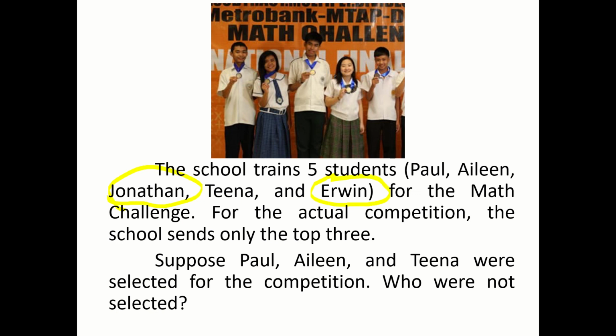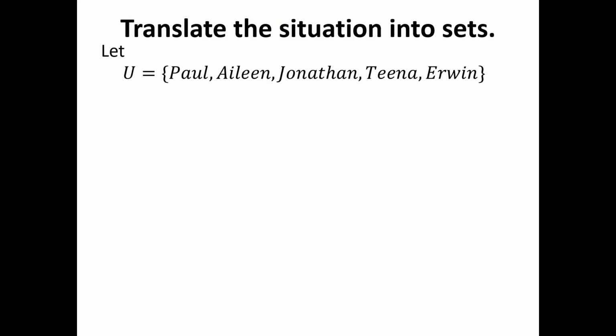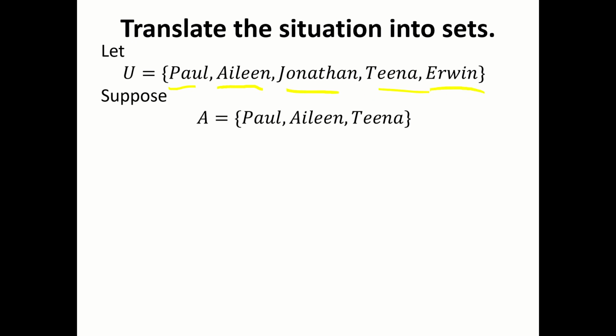So if we try to translate the situation into our topic, we can write all the students that were being considered as our universal set, because for the competition, our choices are Paul, Eileen, Jonathan, Tina, and Erwin. And then we will represent set A, the subset coming from the universal set, as students who were selected for the competition. So we have Paul, Eileen, and Tina.